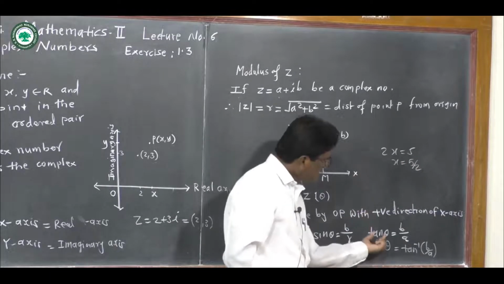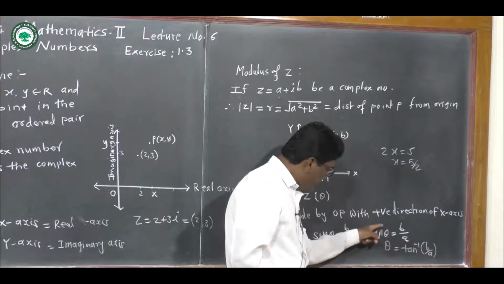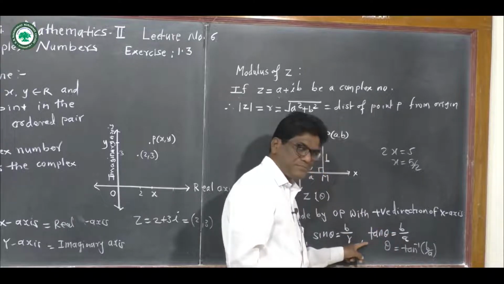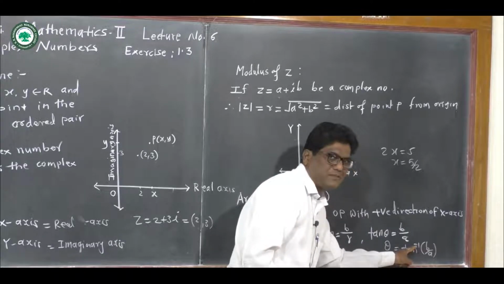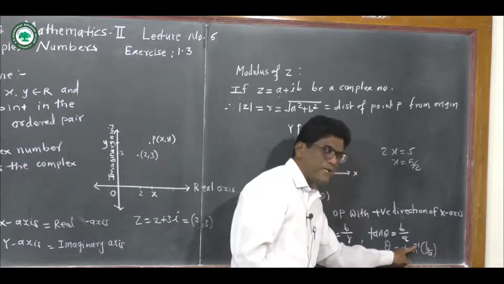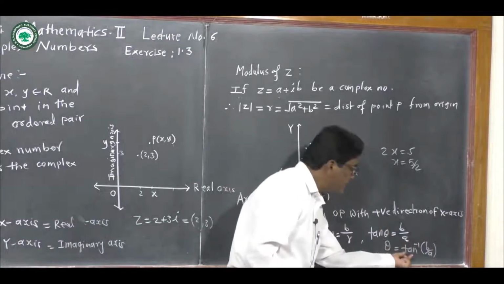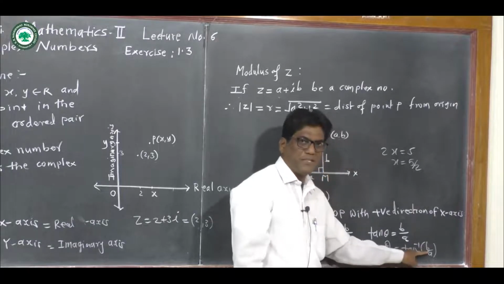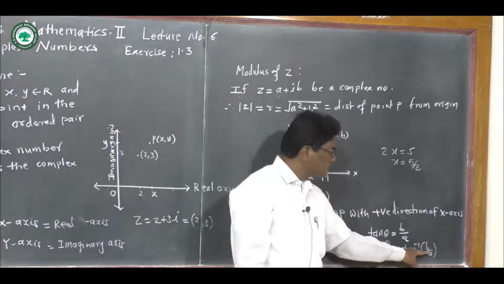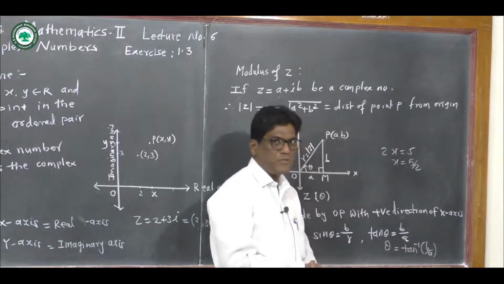So here the equation is tan theta is equal to b upon a, and we want to carry only tan. So it becomes tan to the power minus 1, and this part we take in bracket, and we read it as tan inverse of b upon a. So we can find theta using this formula, theta is equal to tan inverse of b upon a.